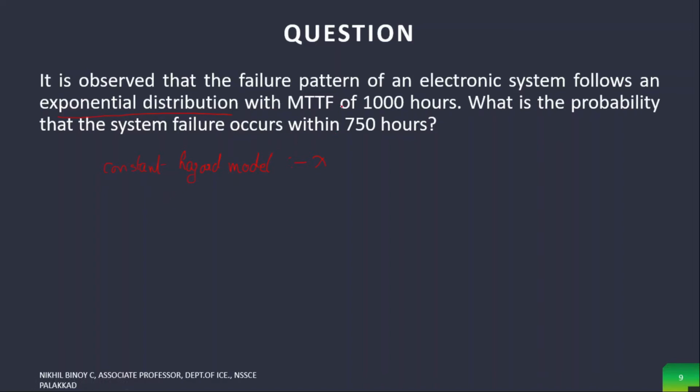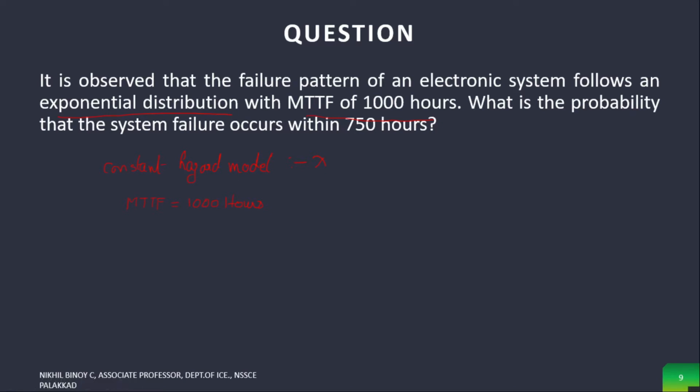Now what is given? Mean time to failure is 1000 hours. So MTTF is equal to 1000 hours. Please go through the previous equation. What is the mean time to failure of a constant hazard model?